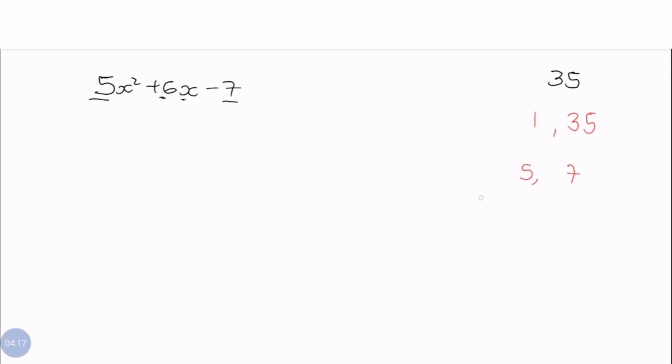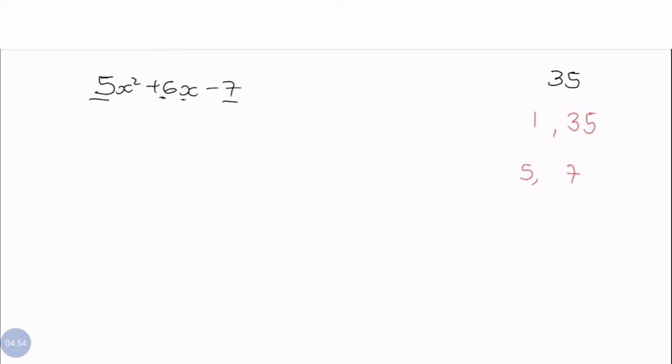Are there any of these terms that we can use together and get an answer of positive 6 when they're added together? It seems like there are no factors that we can use to get positive 6 when we are adding them together. So that means this trinomial cannot be factorized.